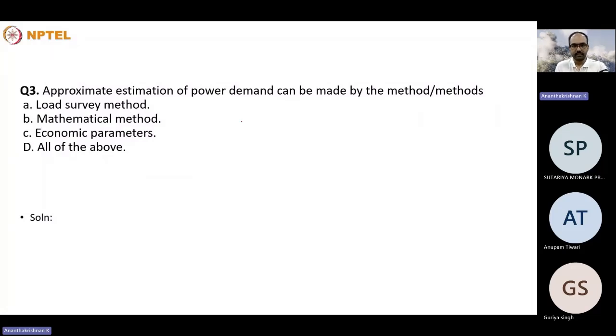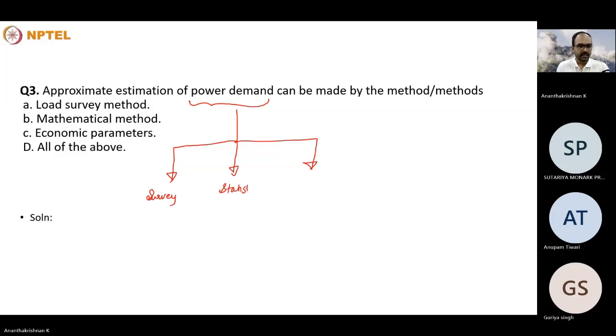Basically, the power demand can be determined by three methods. One is survey, the second is statistics, and the third is the mathematical method.